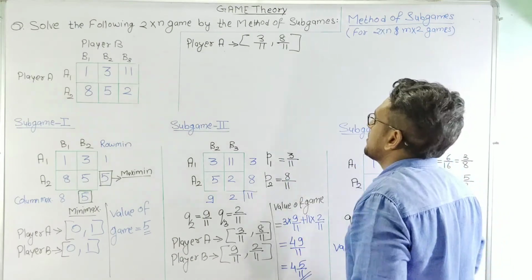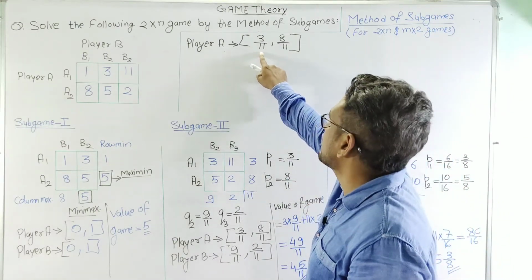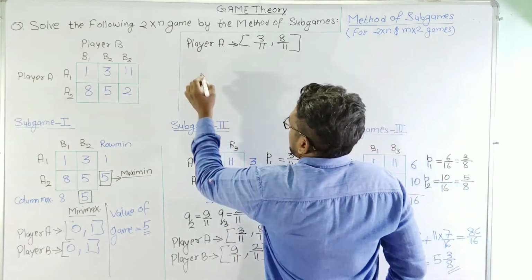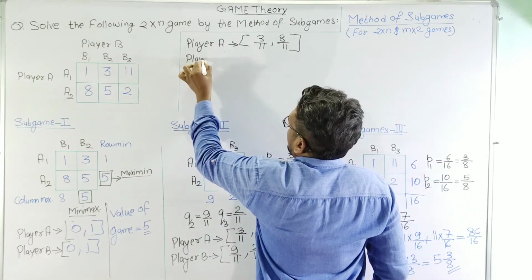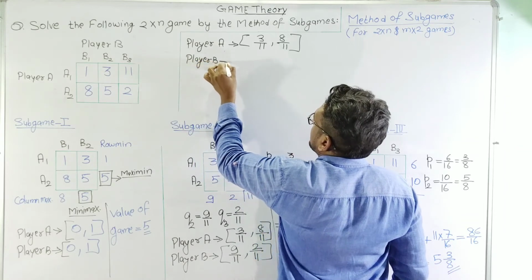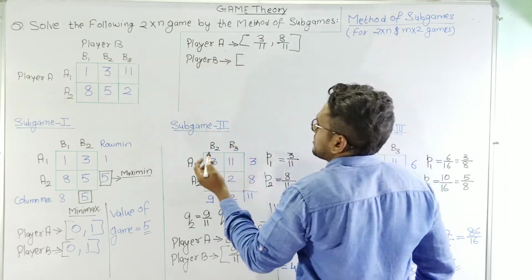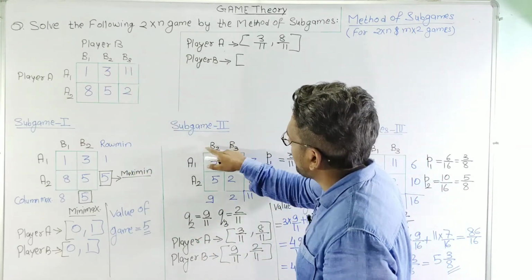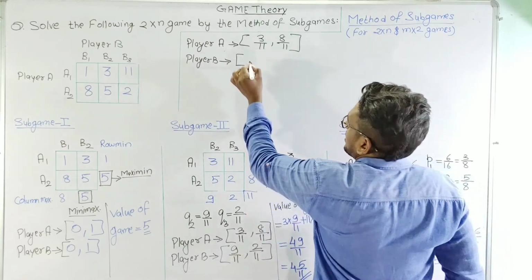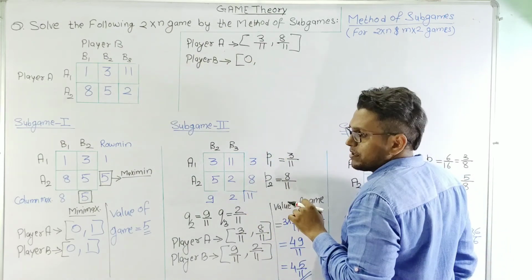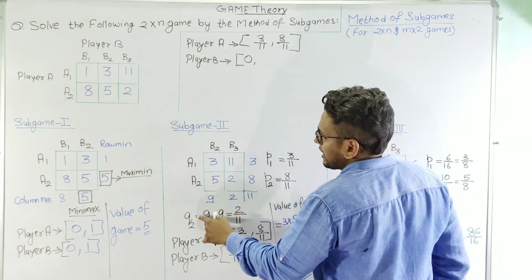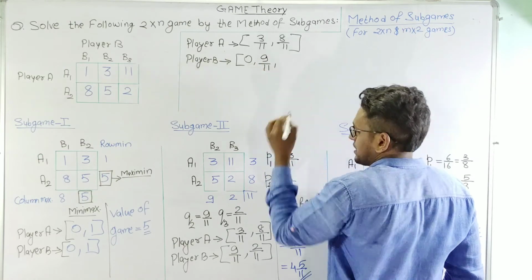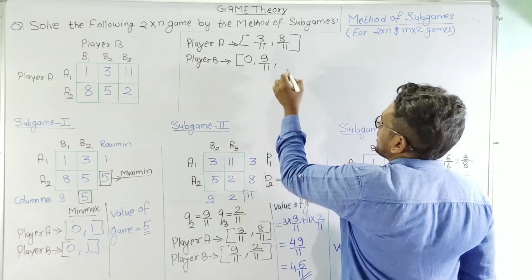This means that player A will play strategy A1 3 by 11 times and strategy A2 8 by 11 times. Similarly, the optimal strategies for player B can be given as follows. Player B has 3 strategies: B1, B2, B3, and here we do not have strategy B1. So player B will play B1 0 percent of the time, it will play B2 9 by 11 of the time, and it will play B3 2 by 11 of the time.